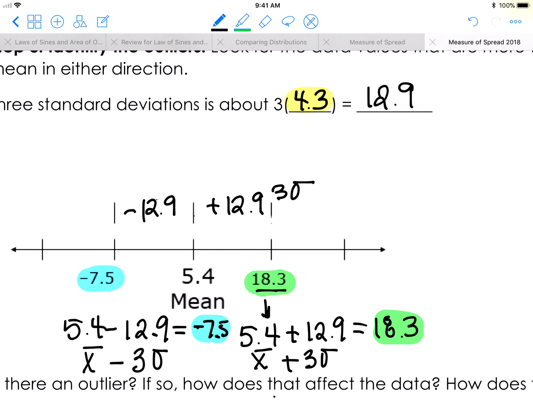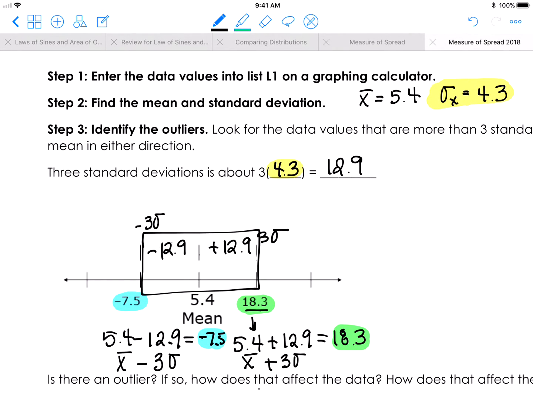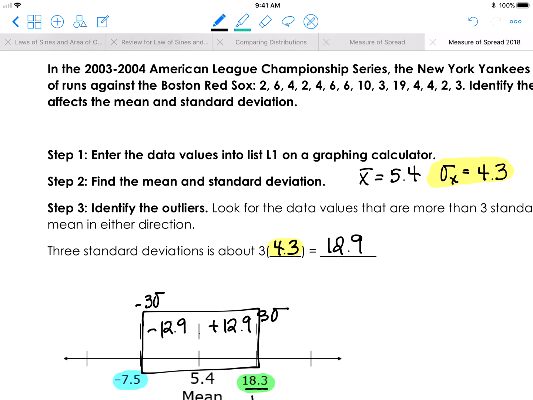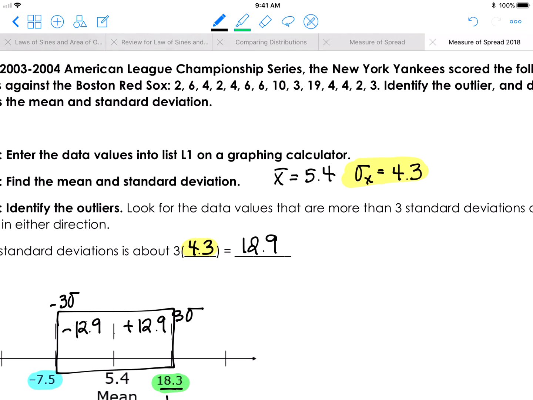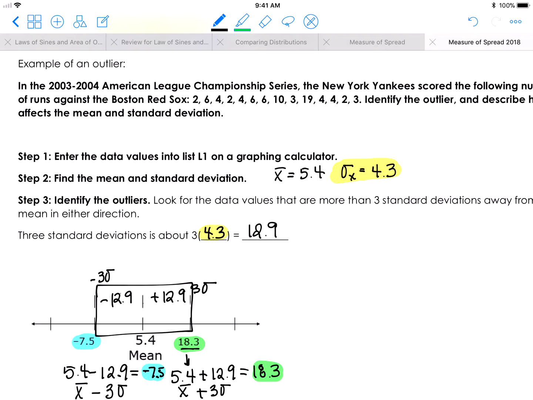So if we get any data outside of this, they are considered outliers, right? So are there any numbers in our data sets that are either negative 7.5? Well, I don't think that's possible. There's no score like that. But is there anything that's out of the 18.3, the high end on our data set?